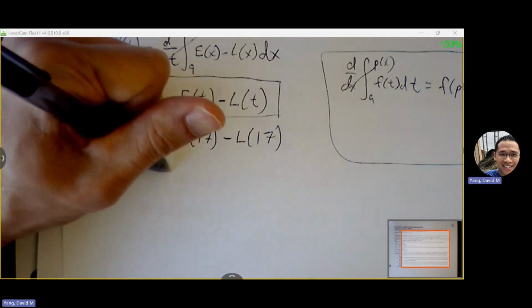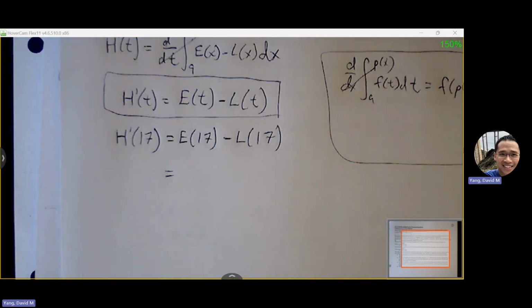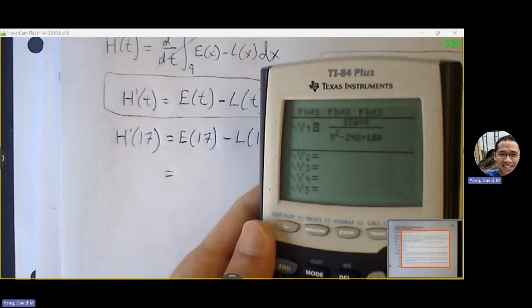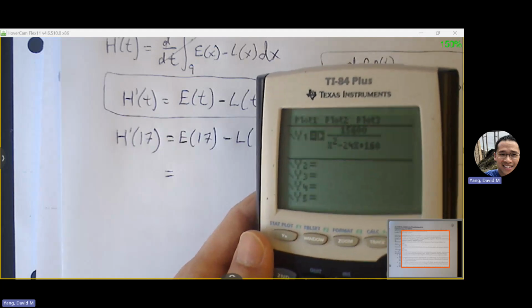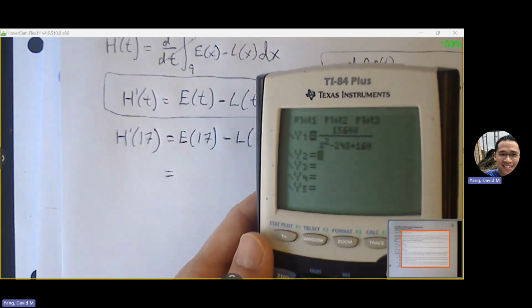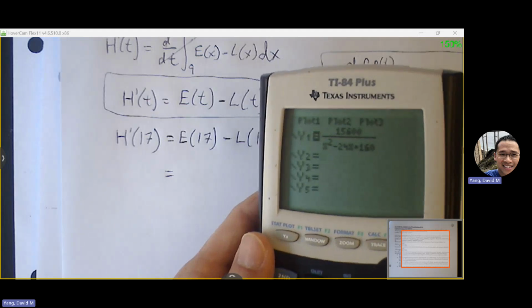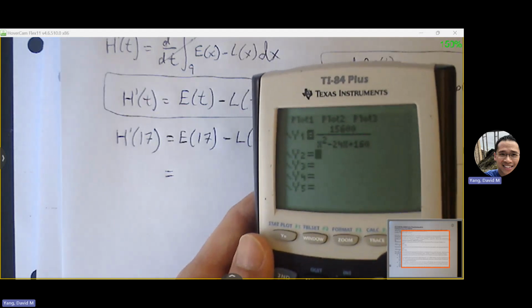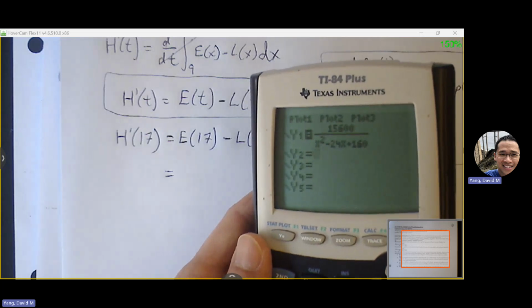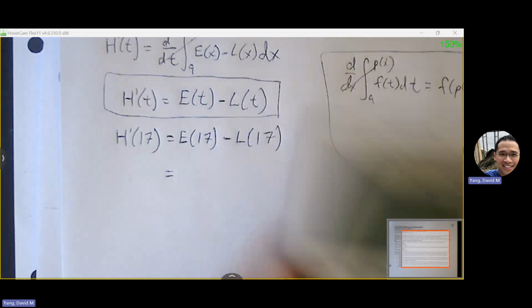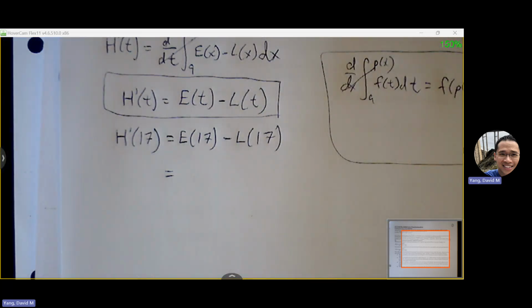All right, so we can just make our calculator do the work for us here. I have y1 holding e of t, and I'm going to have y2 holding my L of t. So I'm going to plug in L of t so I don't have to keep entering them in. So L of t is 9890 divided by t squared minus 38t plus 370. So alpha trace.